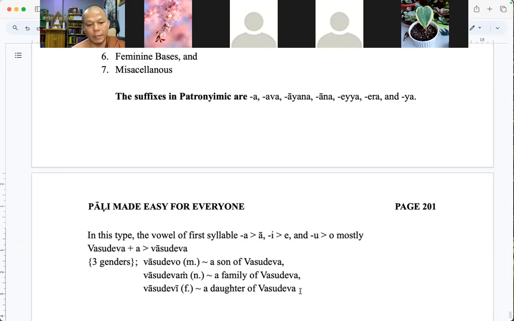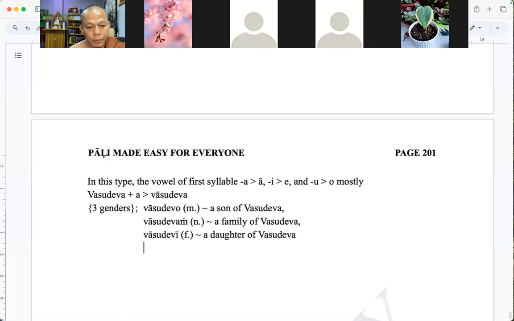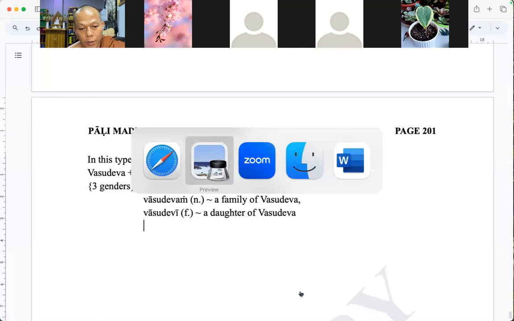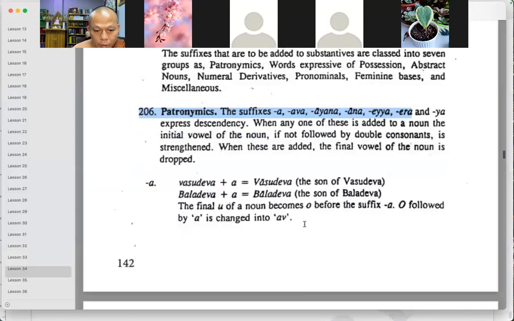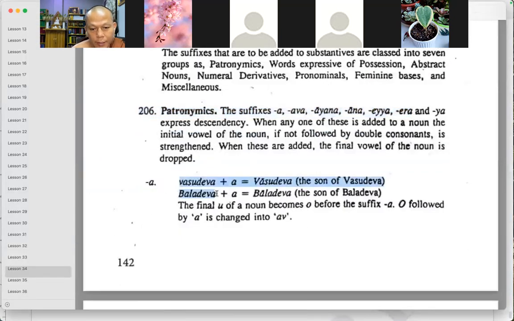Okay, maybe taking an example of this one later, so you can understand. But later, I will show you only the original one. So now three examples. One is Baladeva.